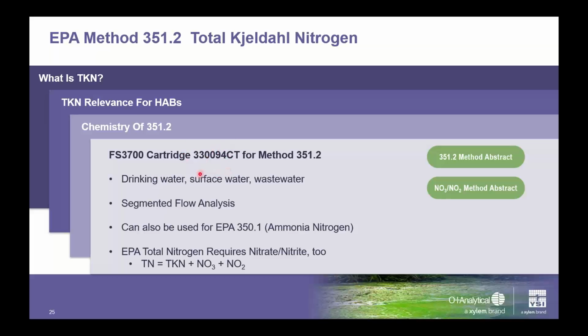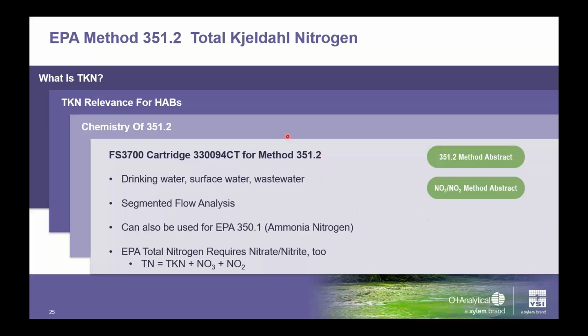If you want to know the exact part number for doing that, I've provided it to you here, and it gives you all of the chemistry that you need to get this done. The only thing you'll have to come up with is that sulfuric acid to do that digestion on the front end. So we've optimized this for the 3700.